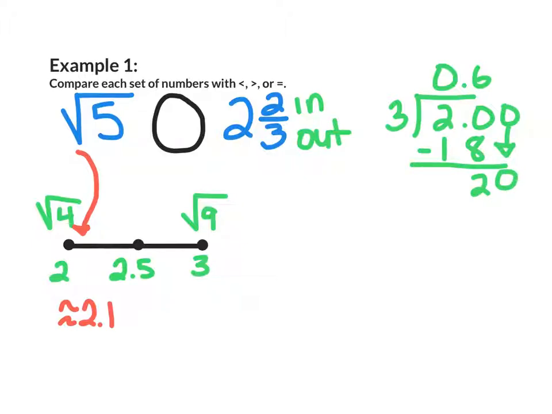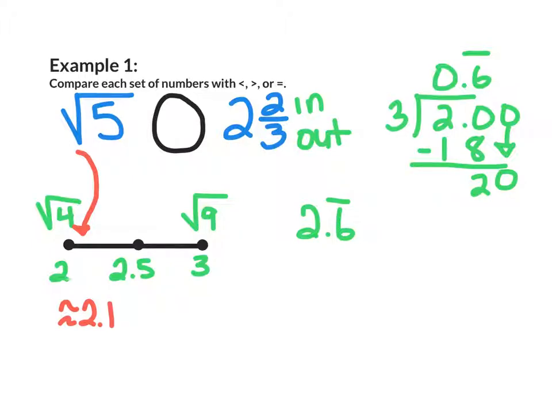I notice that there's a pattern, and that if I do this again, I'm going to have a 6 up top, and it's going to continue repeating. So I'm just going to put the repeating bar up top, noting that my 6 is being repeated. Now I can't forget my whole number in front of the decimal, so it's going to be 2 and 6/10 being repeated.